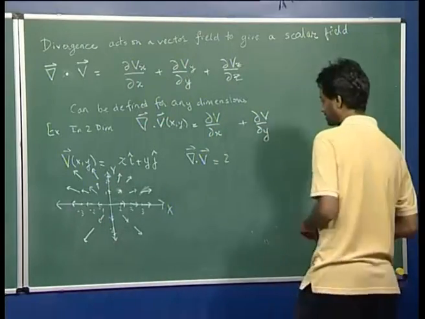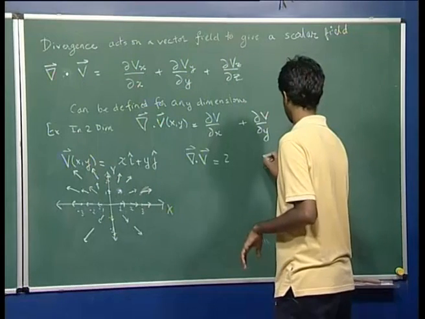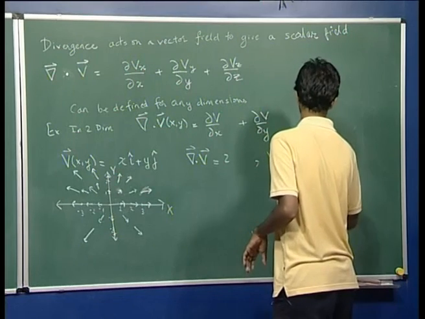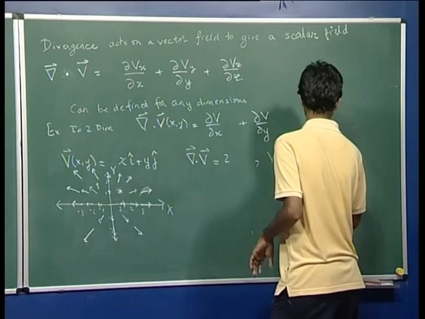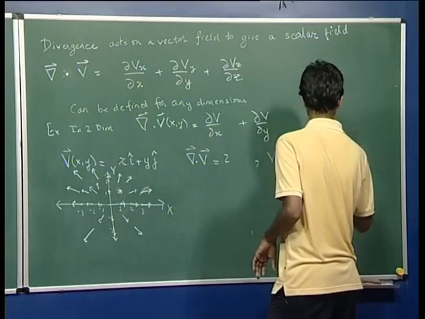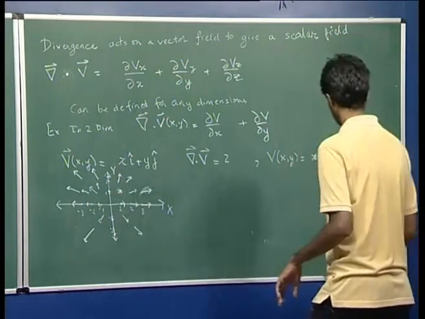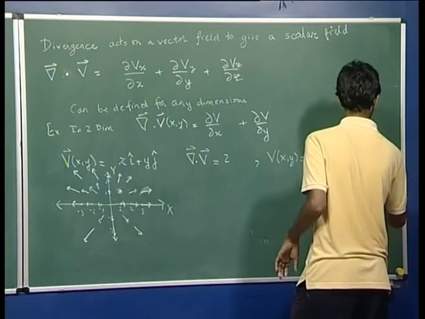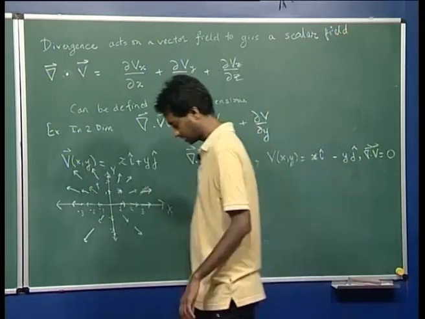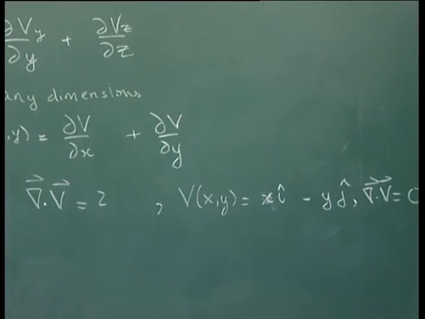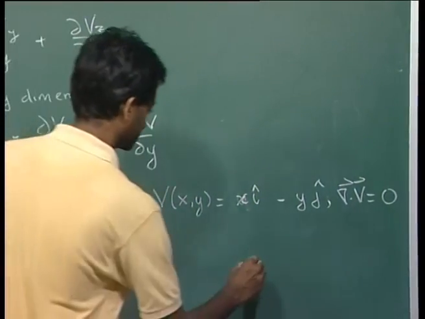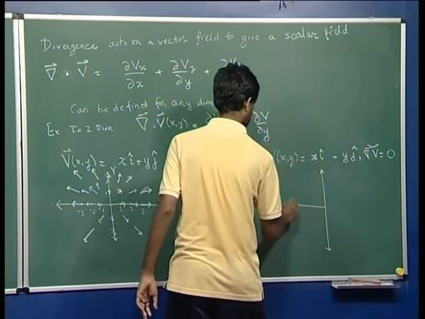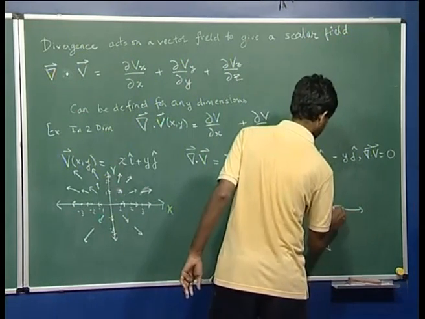On the other hand, if I had a field, V of x y equal to x i minus y j. Now, the divergence of this field is equal to 0, and if you plot the field in this case, what you will find is that along the x direction it is still the same.